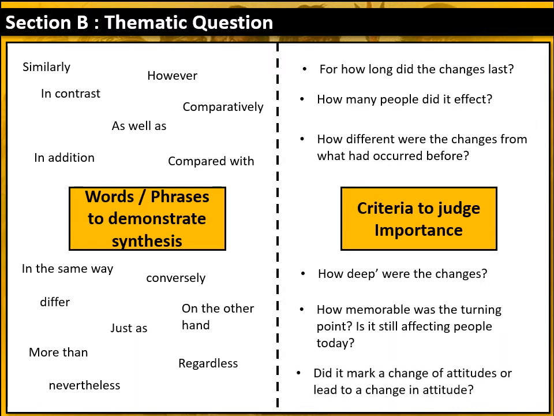And then lastly, did it mark a change of attitude? Or did it lead to a change in attitude towards Native Americans in this case? So when constructing an argument, I might consider these criteria as a justification for why one turning point is more important than another.